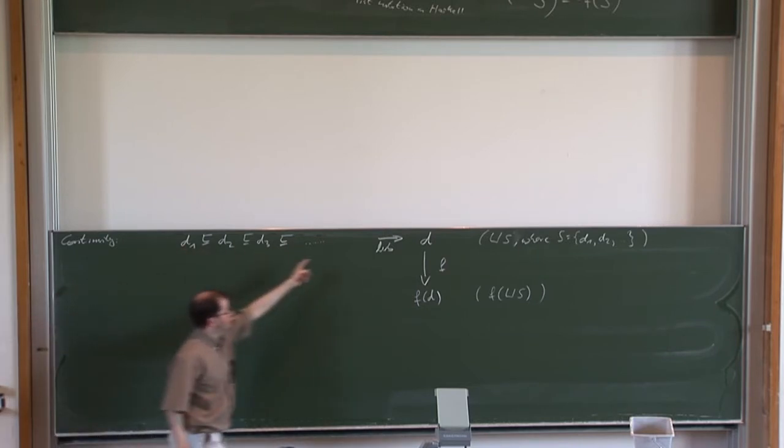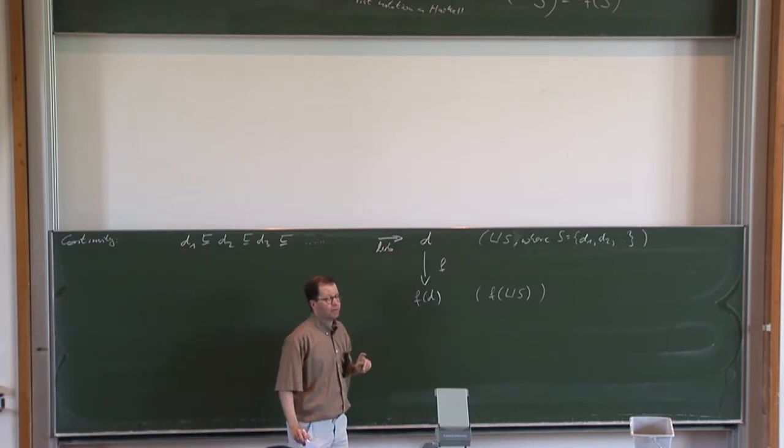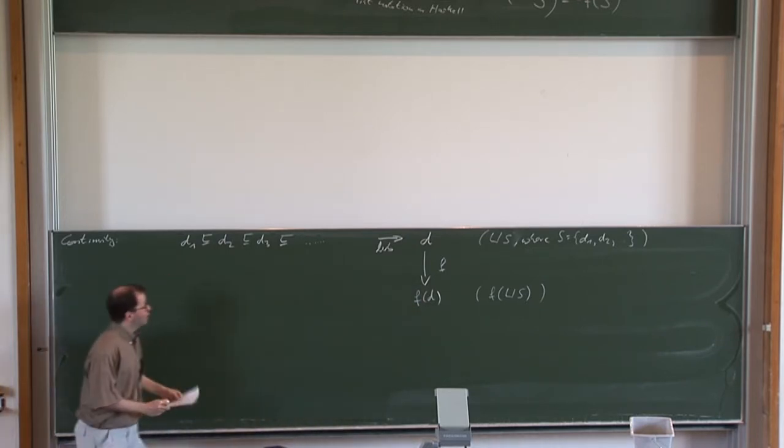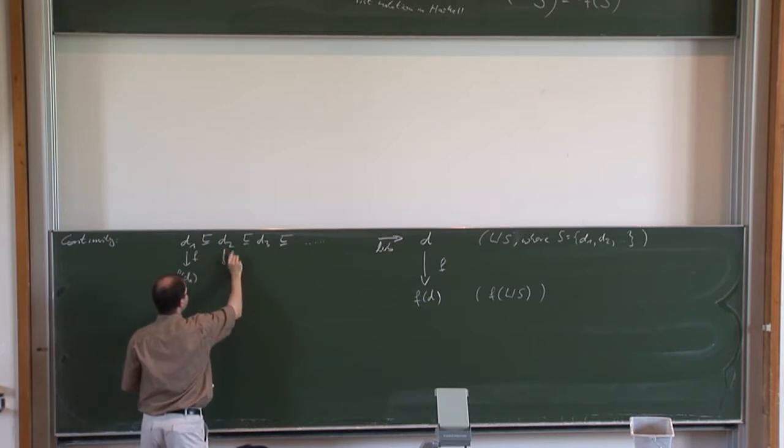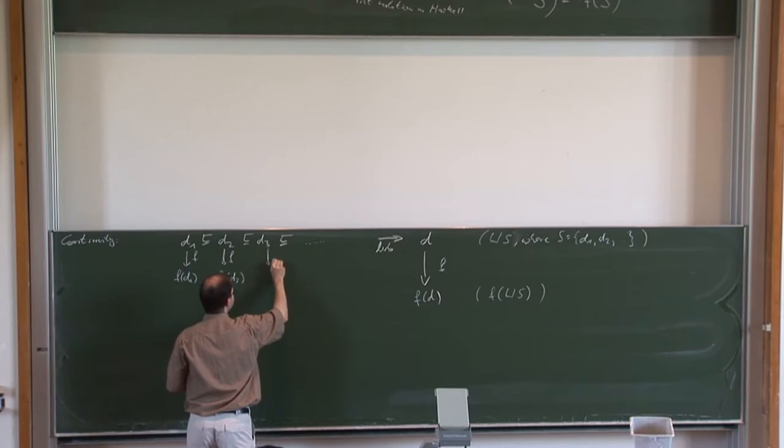You can first build the least upper bound and then apply F. Of course, you can also do it the other way around. You first apply F on every element. So if you apply F here, you get F of D1. If you apply F here, you get F of D2. If you apply F here, you get F of D3, and so on.